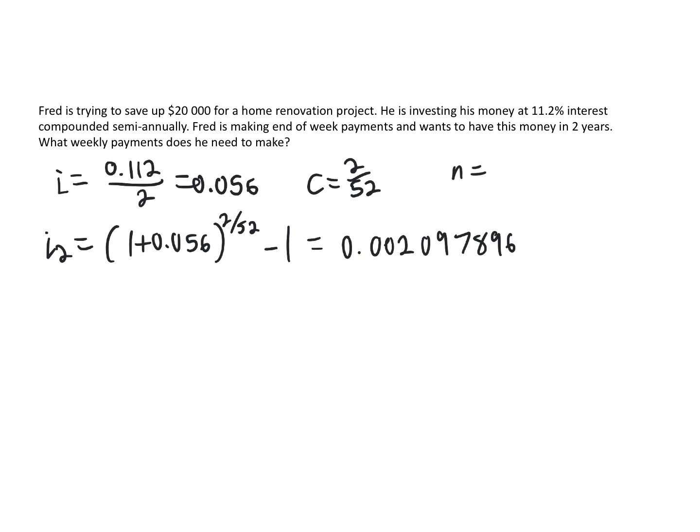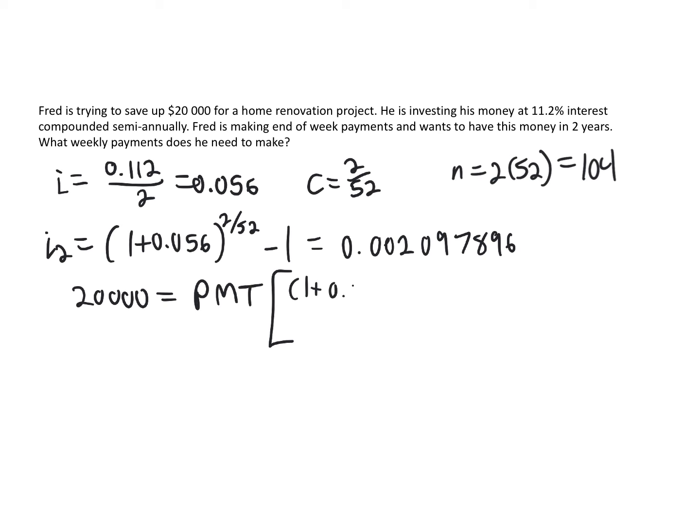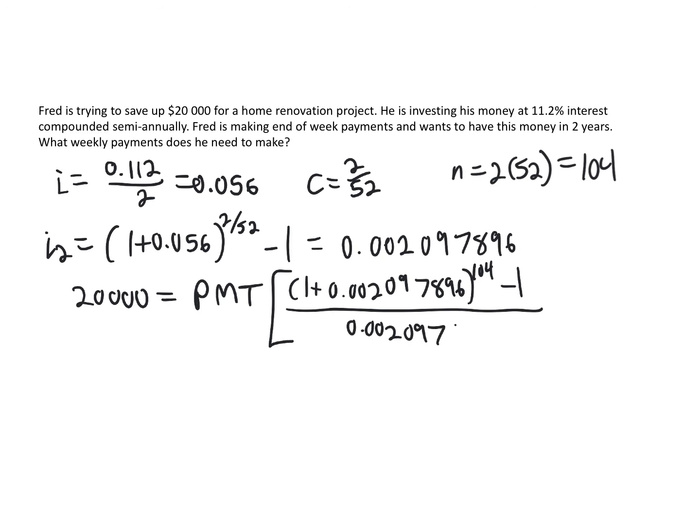Figure out N. And then he's trying to save up, so we're using a future value formula, but looking for the payments. Which end up being 172.29.